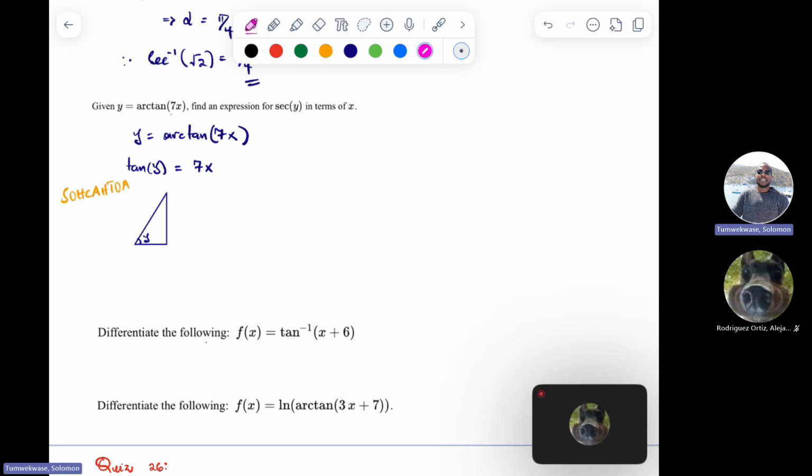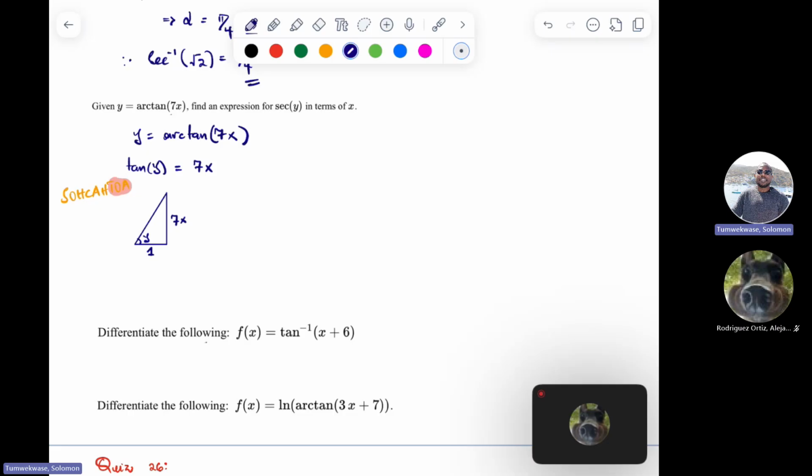We see that tangent is opposite over adjacent. So I have tangent of y is equal to 7x over 1, and therefore in my triangle the opposite is 7x, and the adjacent is 1.